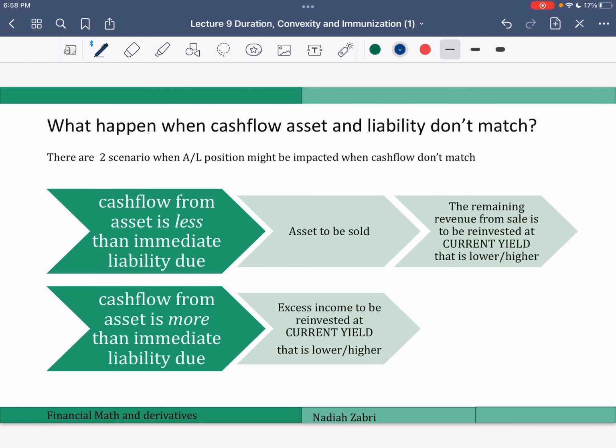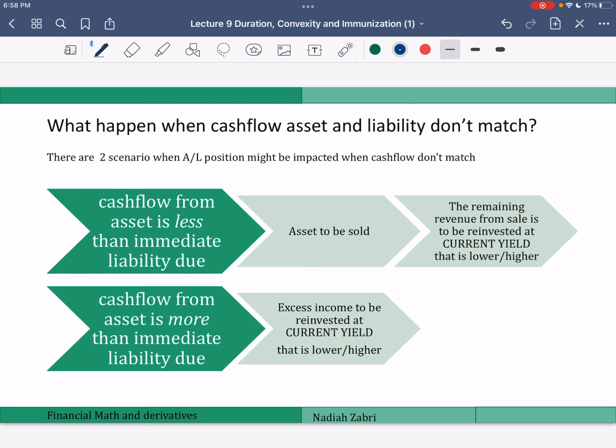What happens when the cash flows of assets and liabilities don't match? There are two scenarios. One, our cash flow from our assets is less than the liability that is due, so our inflow is less than what we need to pay out.